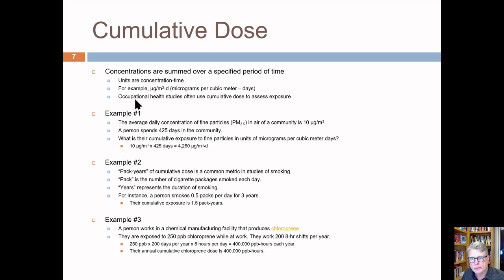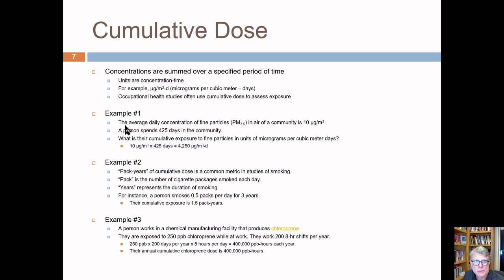It could be like ppm days or ppb days. It turns out that many occupational health studies use cumulative dose to assess exposure, especially in epidemiological studies of cancer risks, where lifetime exposure or cumulative exposure is of interest.